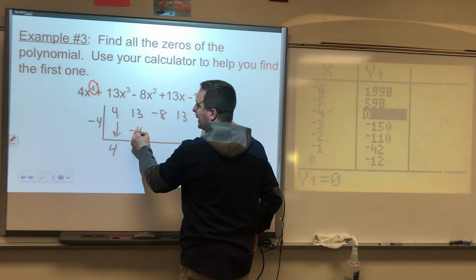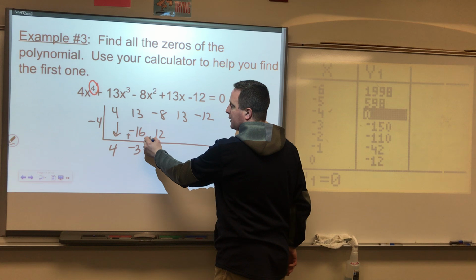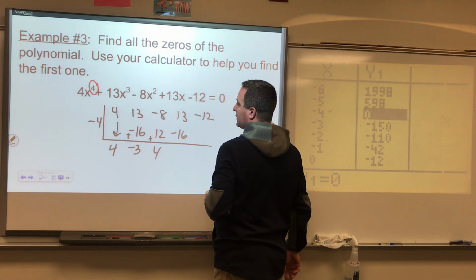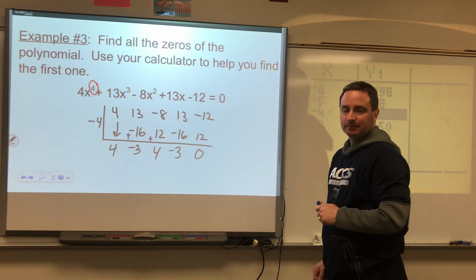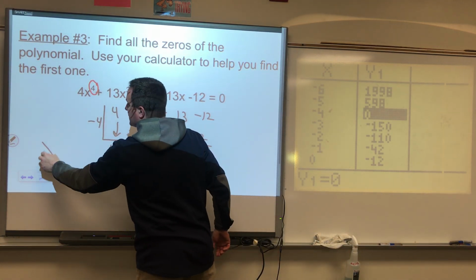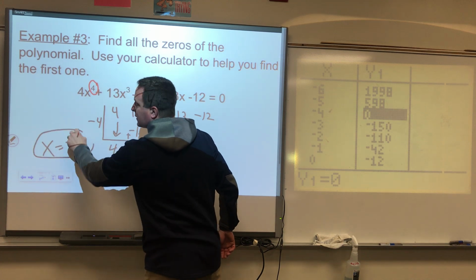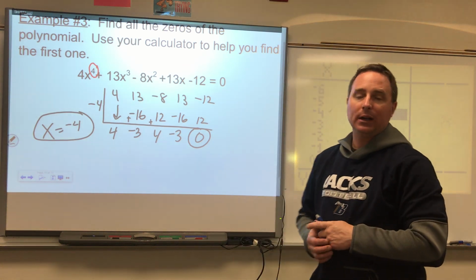When I multiply -16, I add, I get -3, positive 12, I'm doing this kind of fast. -16, -3, positive 12, and 0. Okay, so right there, I know that x equals -4 is a solution. Yep. Okay, so there's one of my zeros.